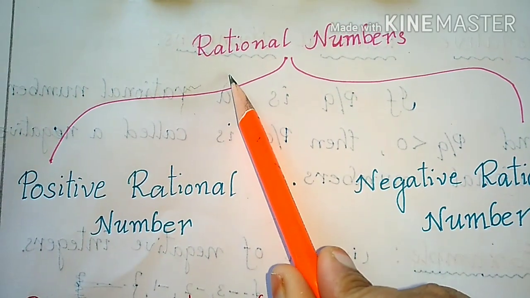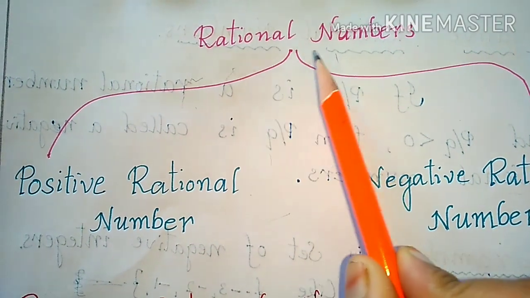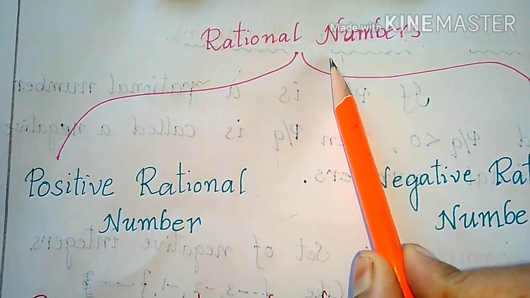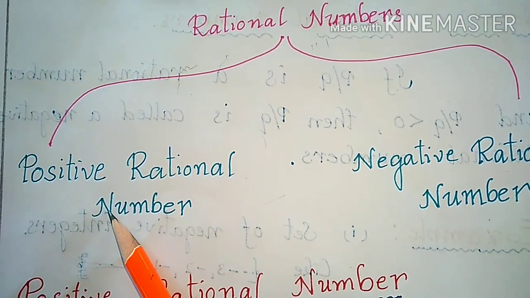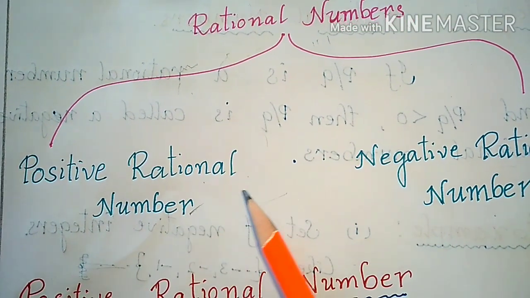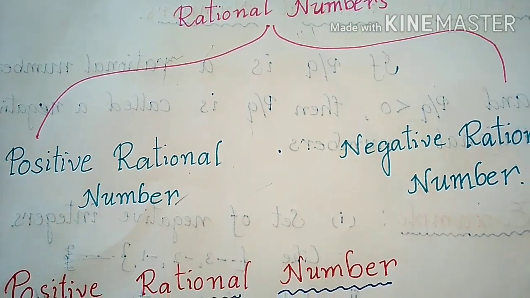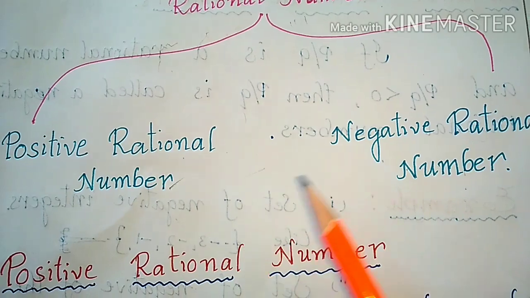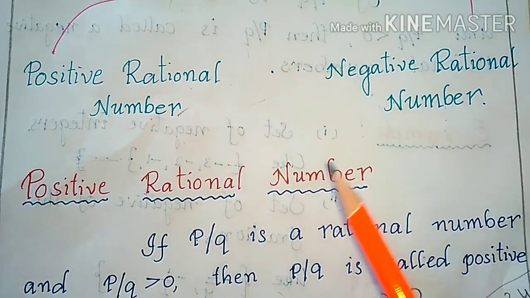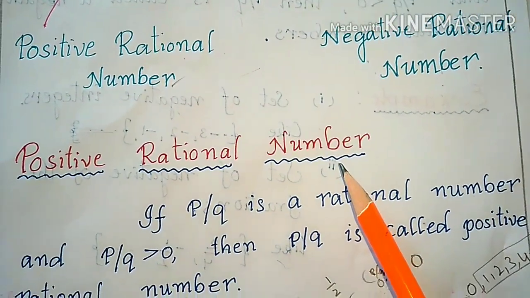Next topic is rational numbers. Rational numbers are divided into two parts: the first is positive rational numbers and the second is negative rational numbers. So what are positive rational numbers?